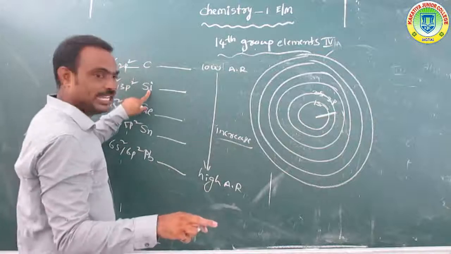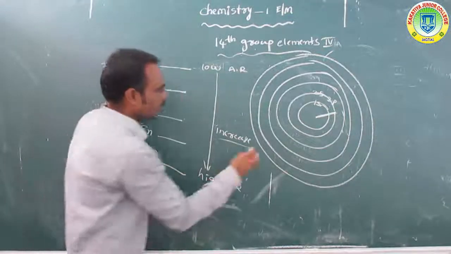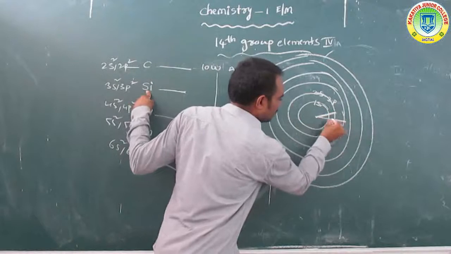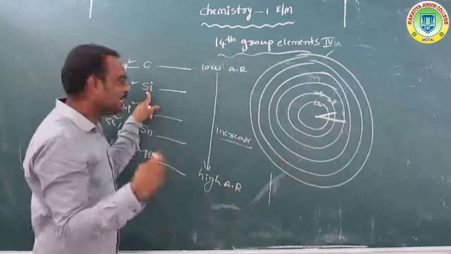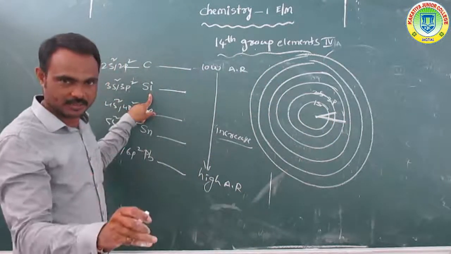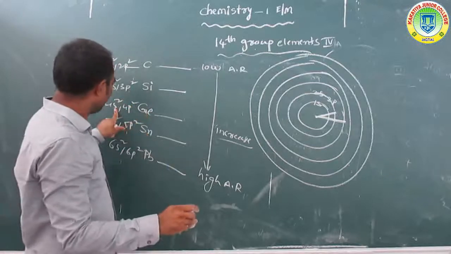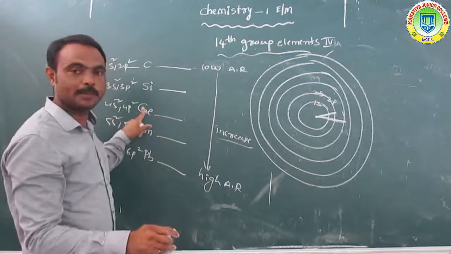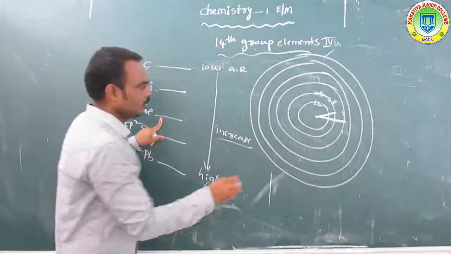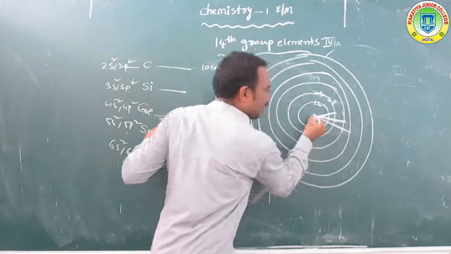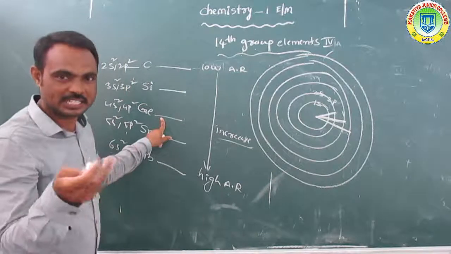Next silicon, third shell, increases the distance. Next germanium, fourth shell, so the atomic radius increases.